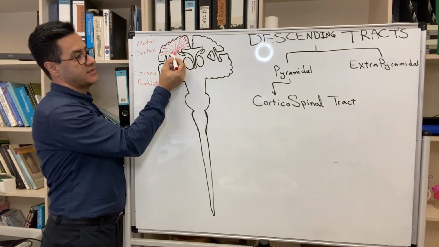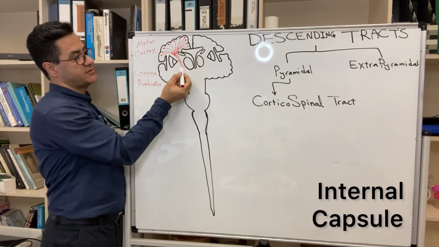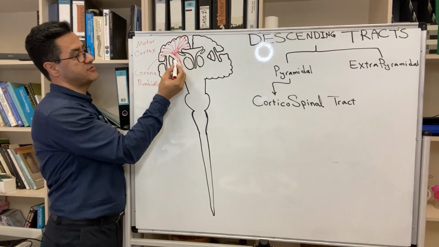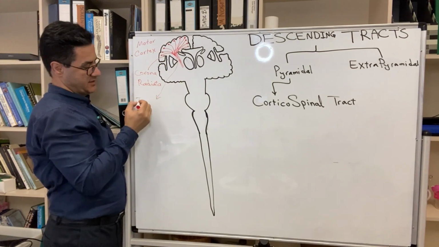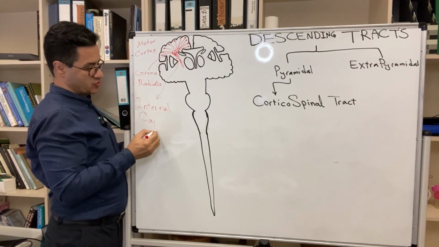It is called the internal capsule. So this is the corona radiata I showed you, and this part is the internal capsule.